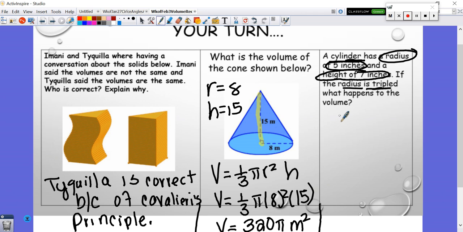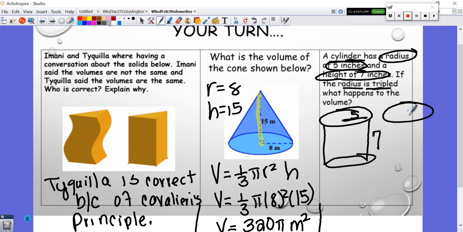Okay, so we're going to draw a picture. We have a radius of 5 and the height of 7, and it wants to know what happens if I draw another picture and make this one 15, because tripled means to times by 3, and we keep the height the same.